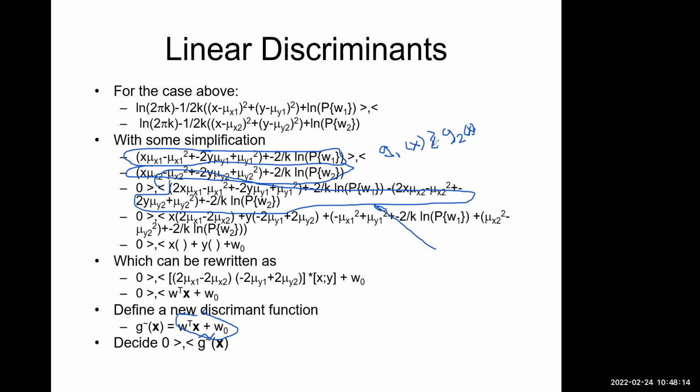We can compare whether G1 is bigger than G2, or we can compare whether that's bigger than or less than 0. And since this is ugly, we're going to look at it this way.